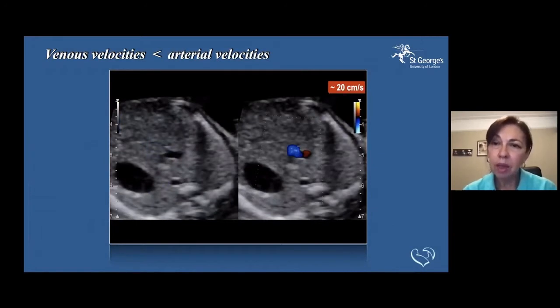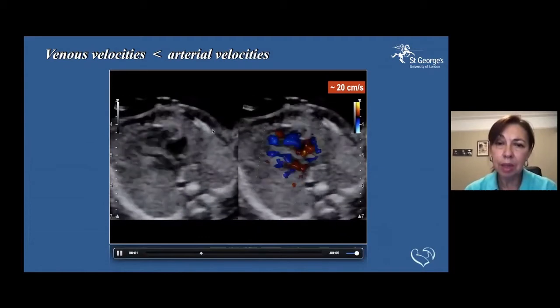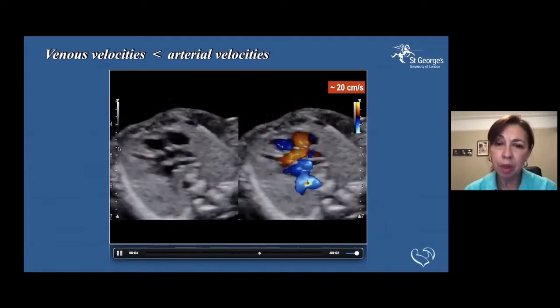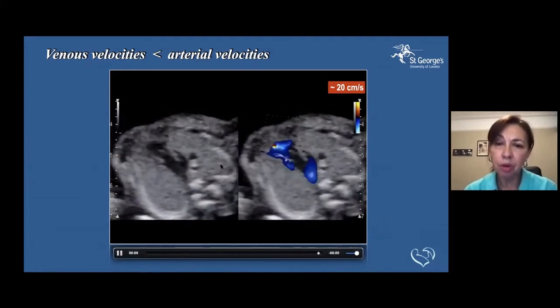Now I highlighted here, maybe you haven't noticed before, that to look at these smaller vessels coming into the atrial chambers, we really need to reduce the velocity, more like an obstetric velocity rather than a cardiac velocity, so that we can see the details, moving from the abdomen into the fetal chest.